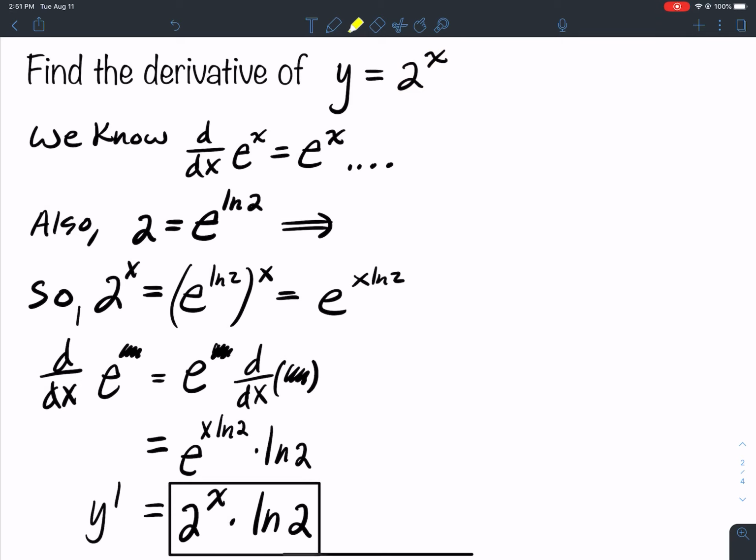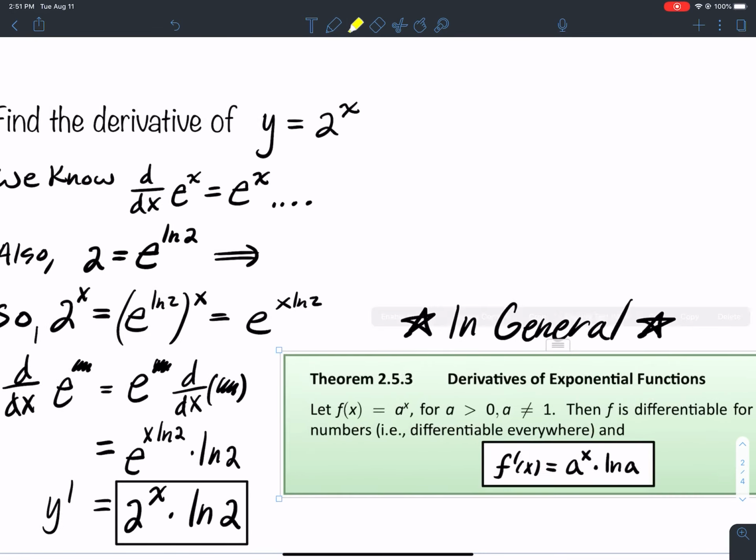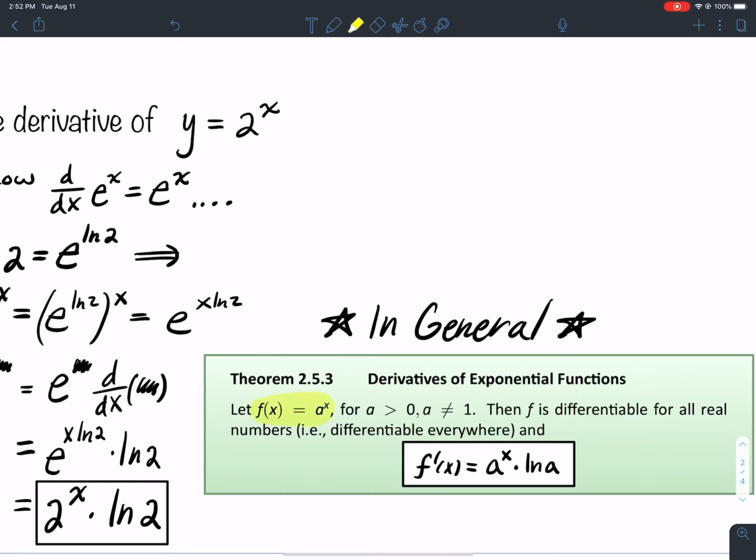Is there some pattern in general? So in general, what's happening here? Well, if I had the derivative of some a to the x function, where a is positive and not equal to 1, then f is differentiable.